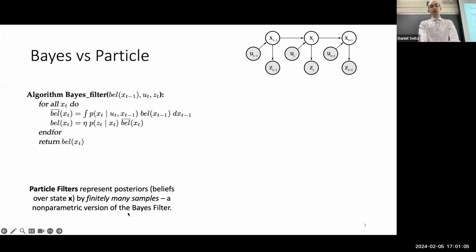It's the sampling version of the Bayes filter, where every particle represents one distinct hypothesis. If you have millions or billions of them, you get a whole bunch of different hypotheses, and then we have to do something about them.